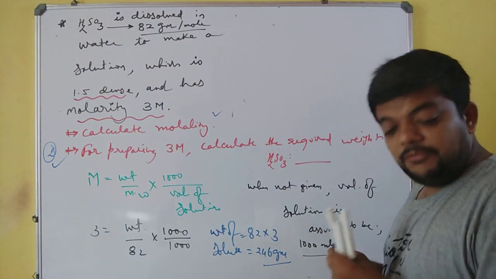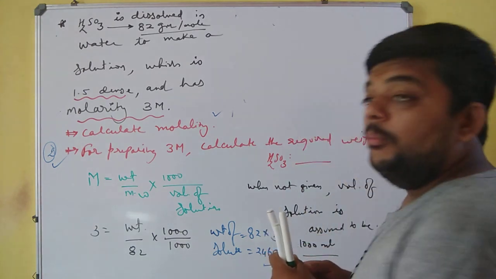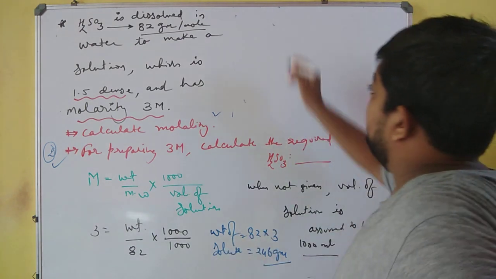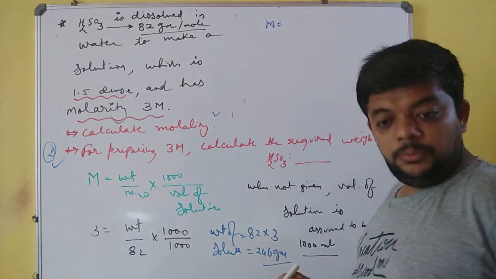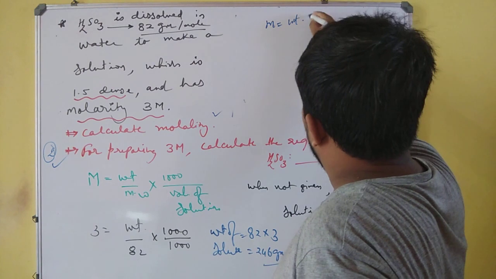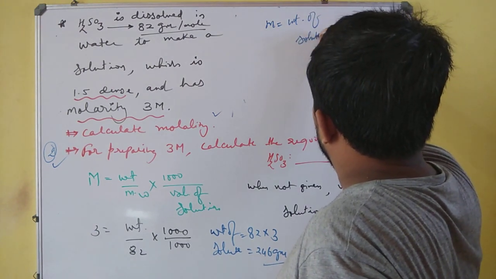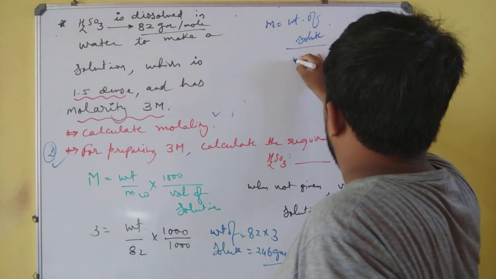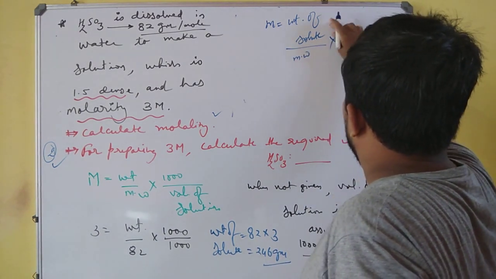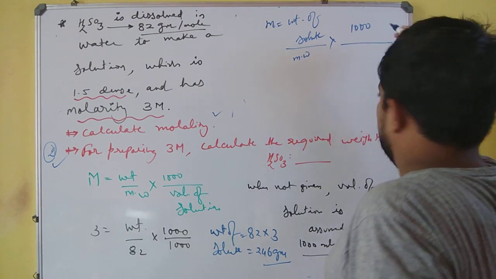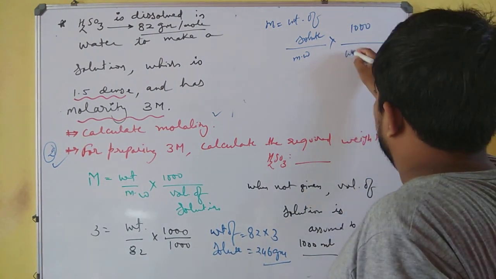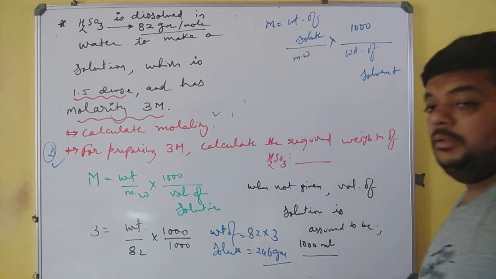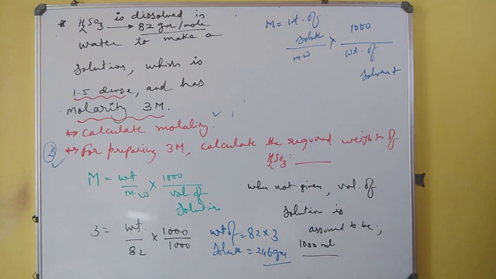If you look into the formula for molality of the solution, you will get an idea that molality is equal to weight of solute, which is now available with you, divided by molecular weight cross 1000 divided by weight of solvent. This is very, very important.